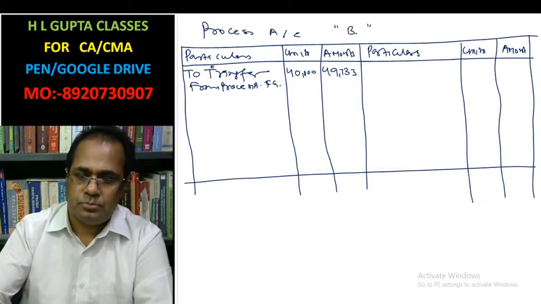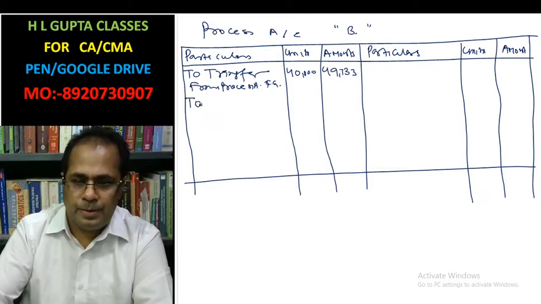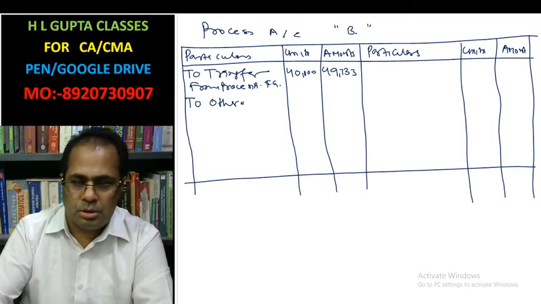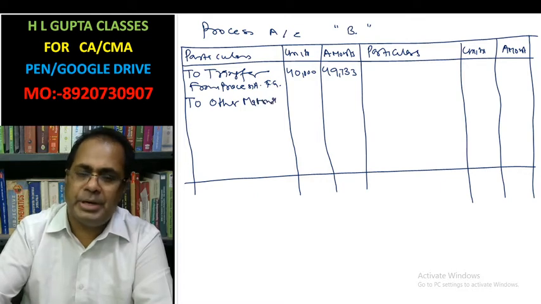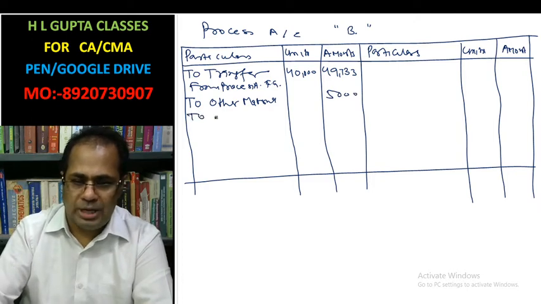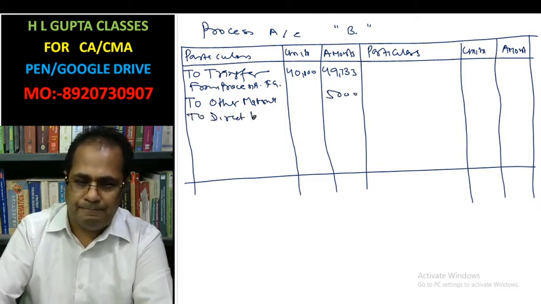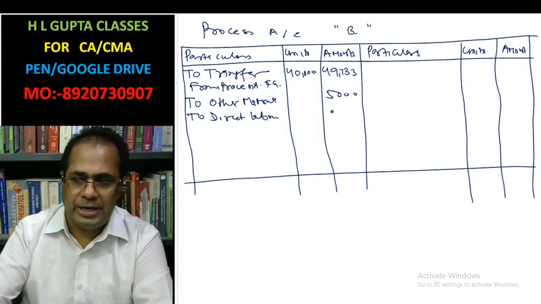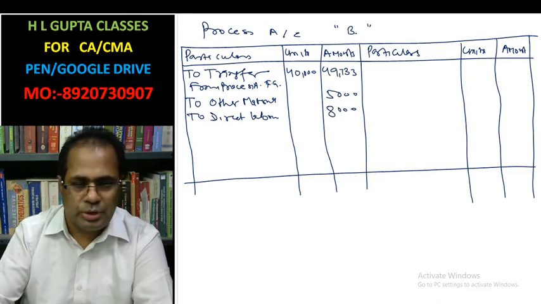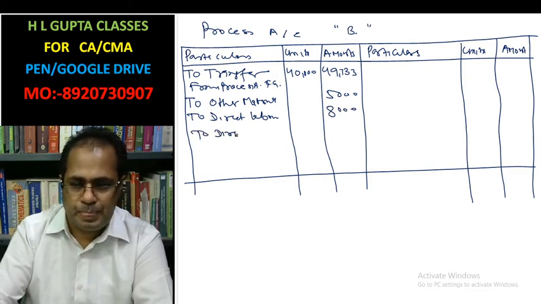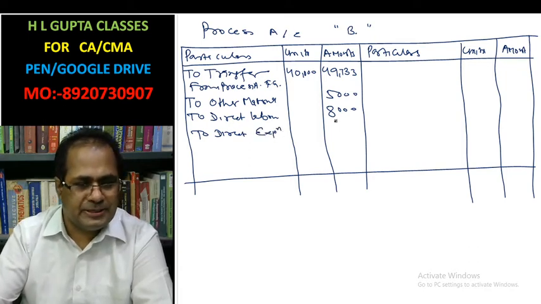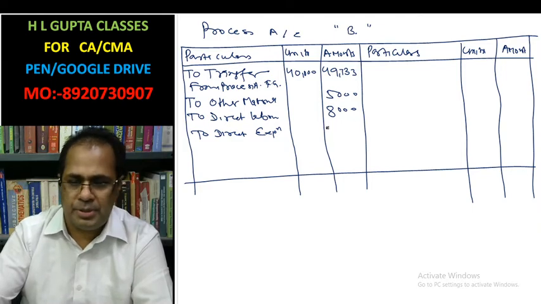To other material 5,000, to direct wages, labor, that is 8,000, to direct expenses, you have 1,500.